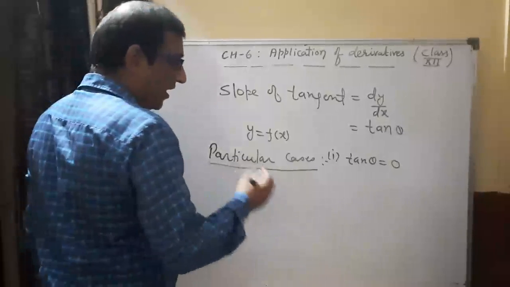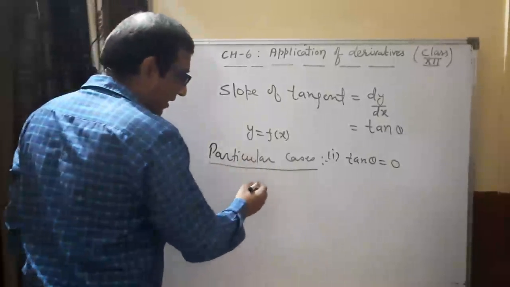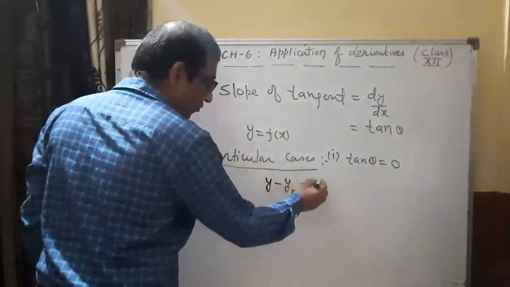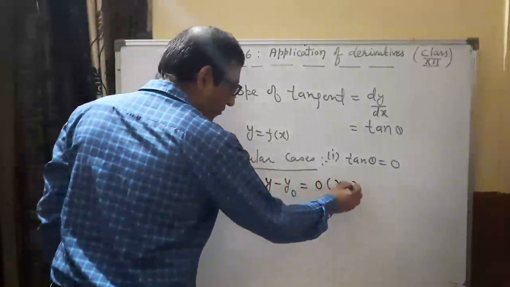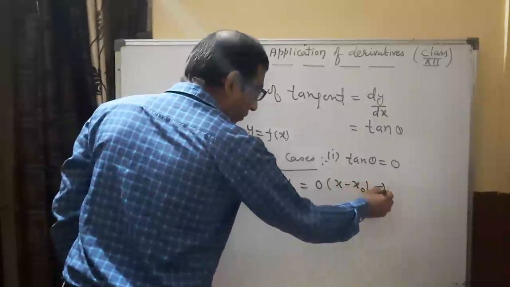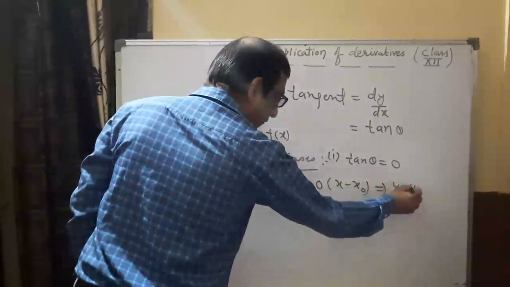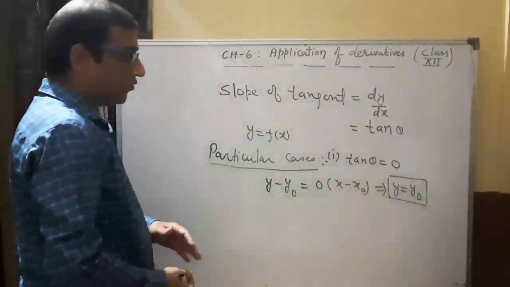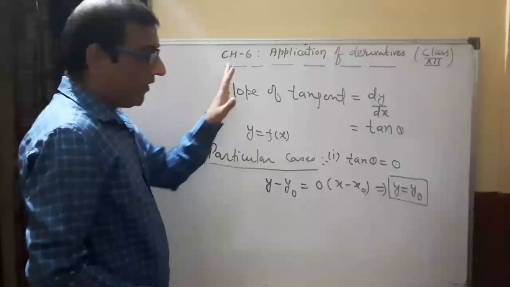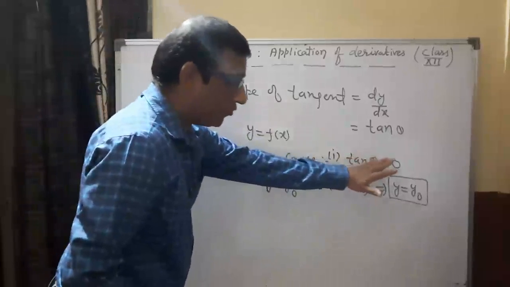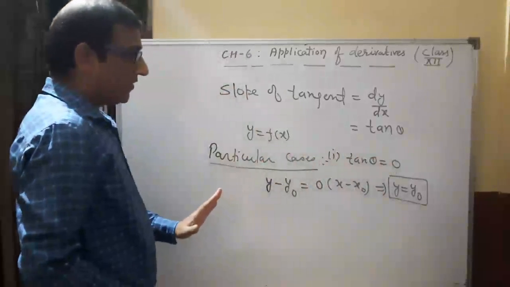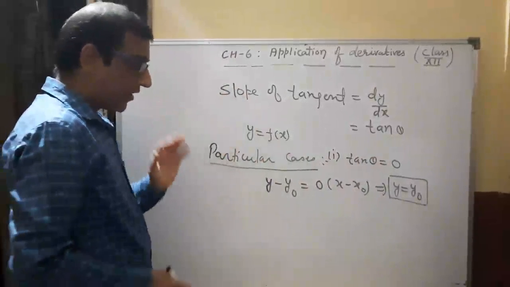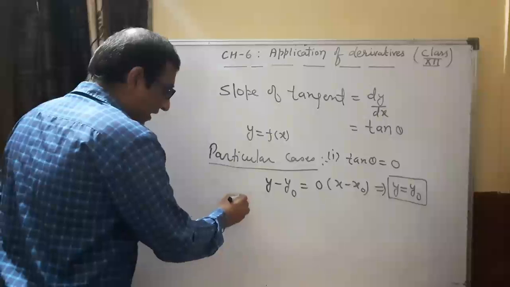It means the equation of the tangent is given by y minus y0 equals 0 times (x minus x0), and when we solve it, it becomes y equals y0 at the point (x0, y0). So this is the concept. When the slope of the tangent equals 0, the tangent is parallel to the x-axis. Now we will take the second concept.